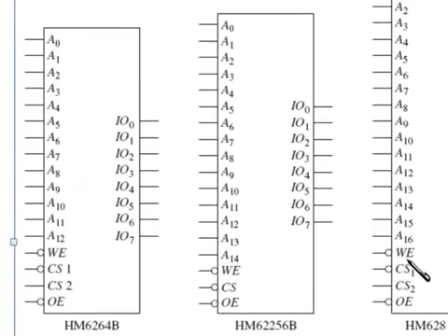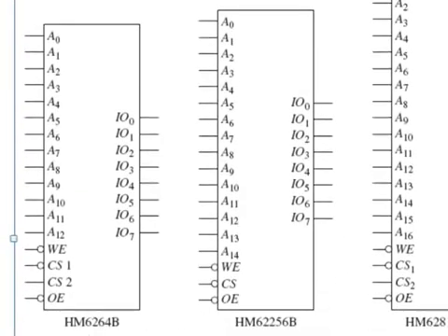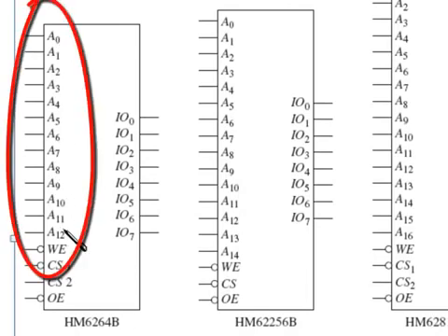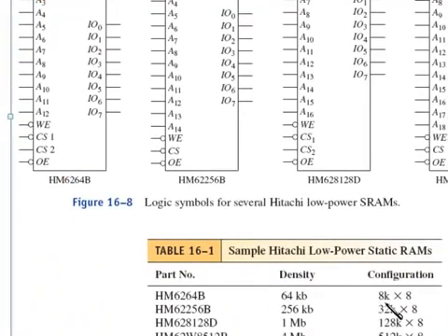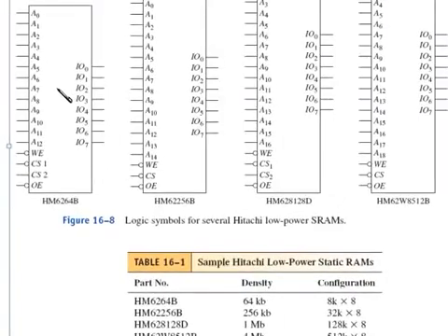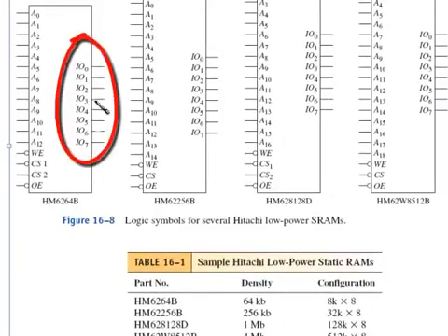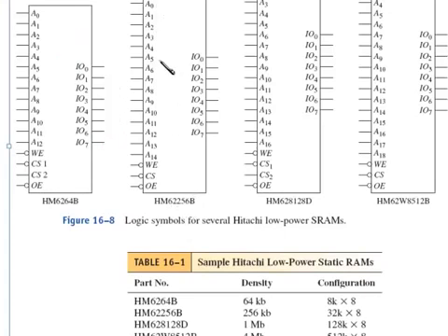So in the case of the 6264, we've got A0 through A12. That's 2 to the 13th power, which is where you get the 8K from. 2 to the 13th is 8K. Each location, once you got the location, there's 8 bits located there. Okay, then the 62256 is A0 through A14.